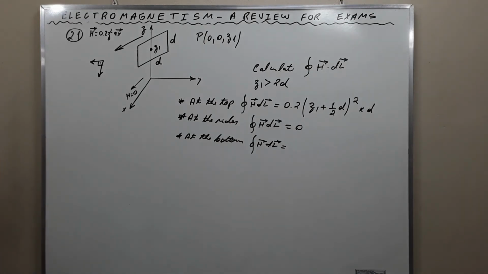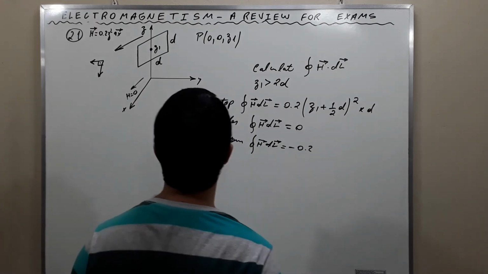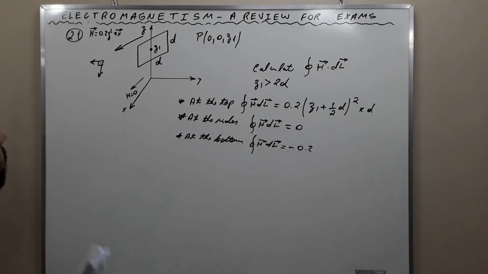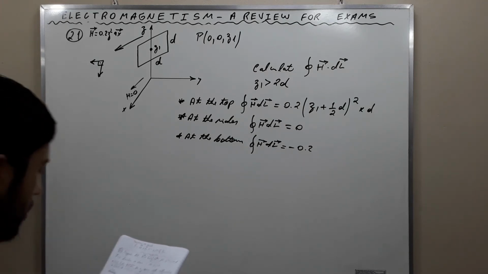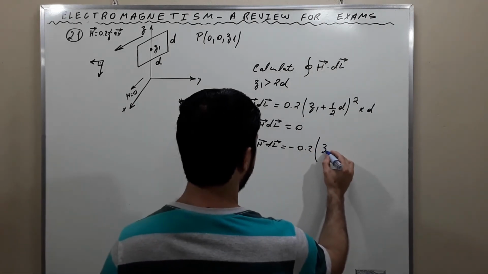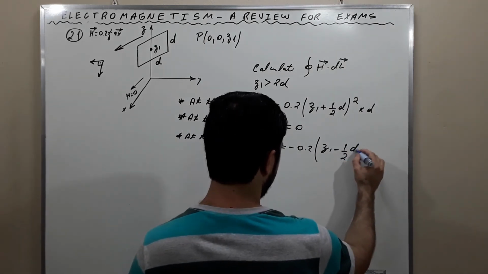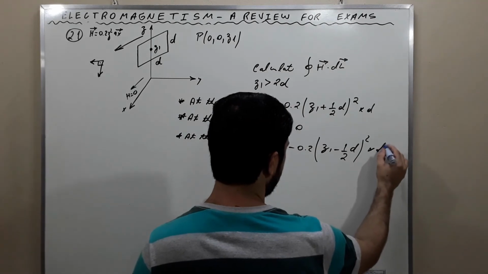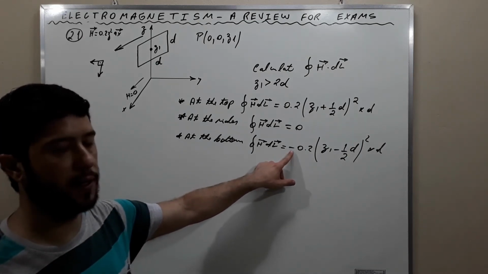this is going to be negative 0.2 times (z1 minus a half of d) squared times d. Okay? Why this negative sign here?